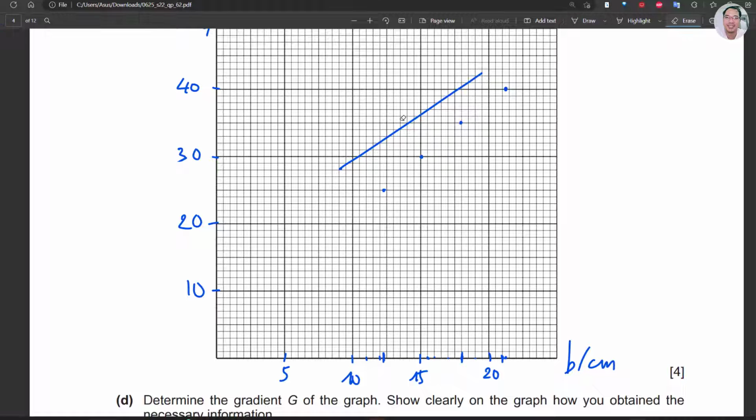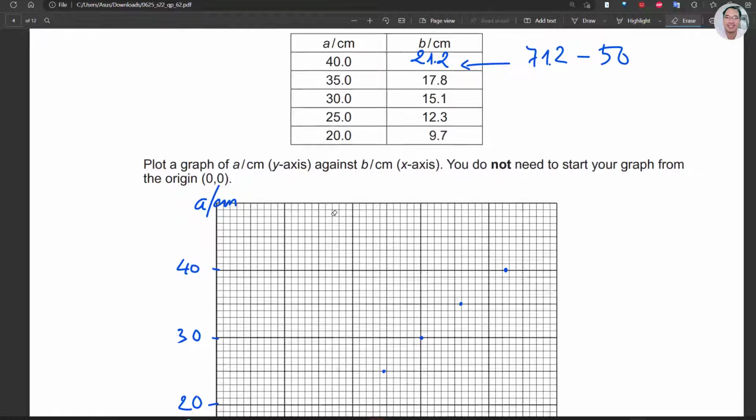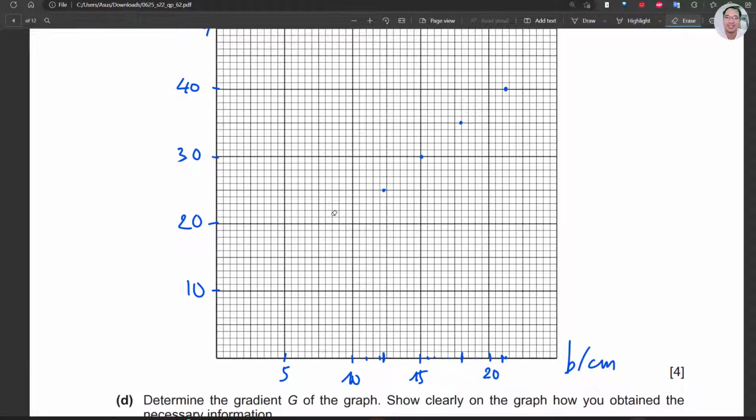Okay, the last point, 29.7, almost 10, 20 here, almost 10 here. So this is the next point. Okay, the points will form a beautiful straight line. That's probably the best that I can do.